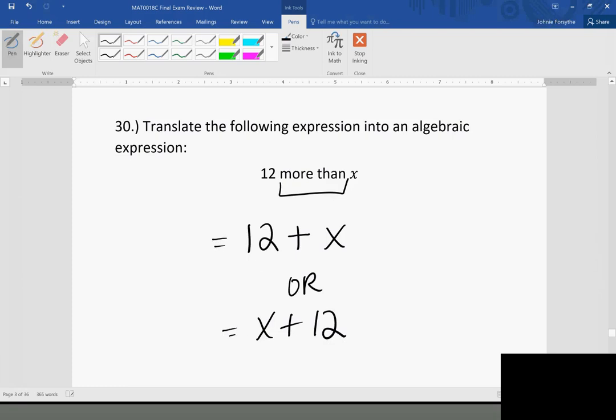Both answers would work for this problem. So you want to pay attention to those translated expressions, like those phrases like more than, less than, product of, things like that. So definitely reference those phrases and be familiar with them for a question like this.